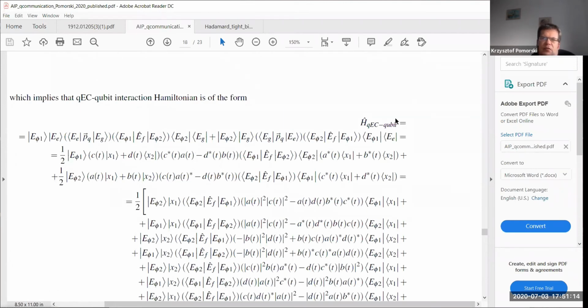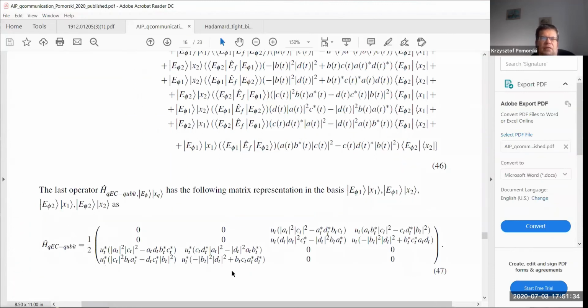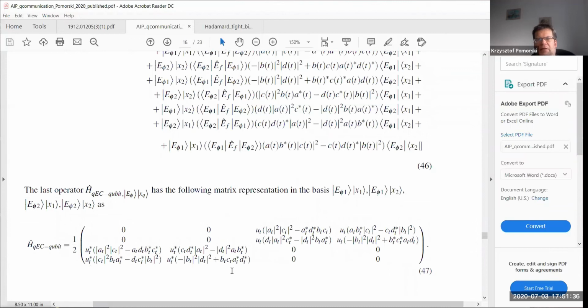Again, you can do the same algebra for the quantum electromagnetic cavity and qubit interaction, and you will get these expressions given by equation 46. All right. So finally, before you have seen this Hamiltonian in energy representation.